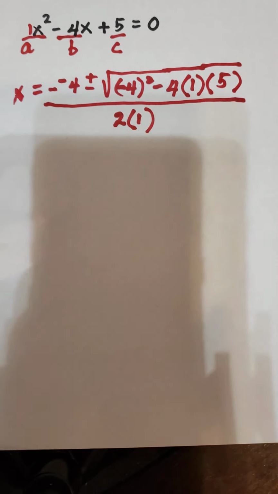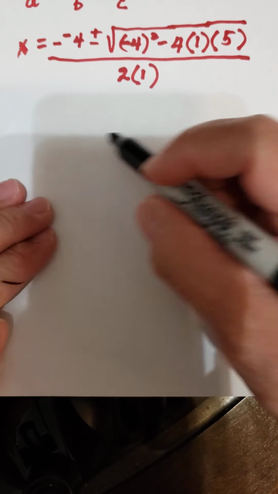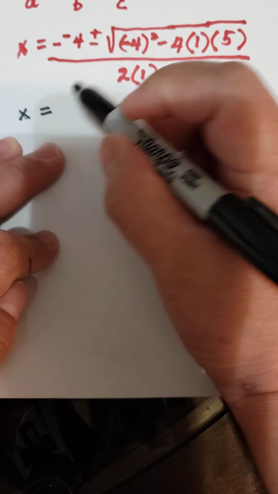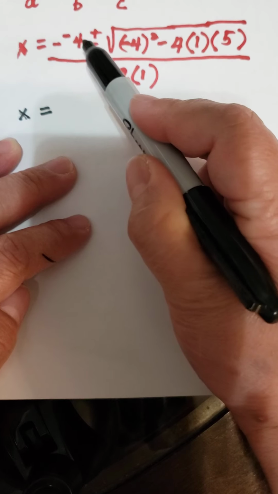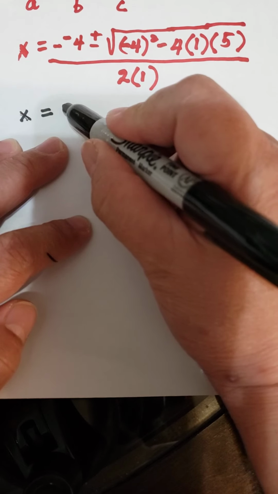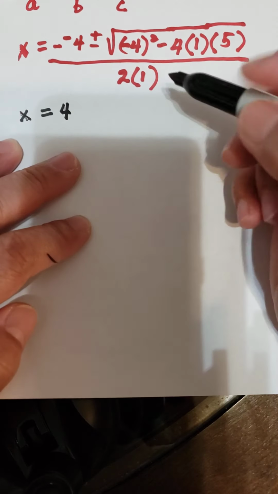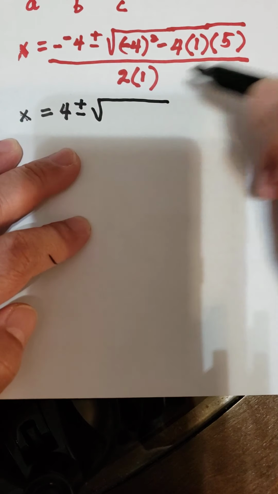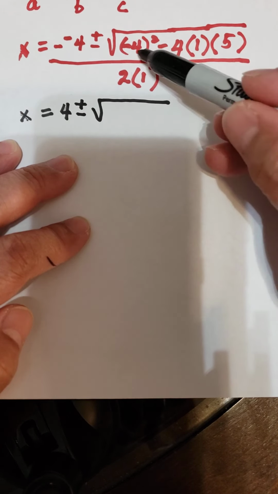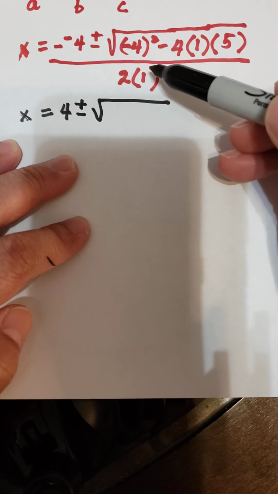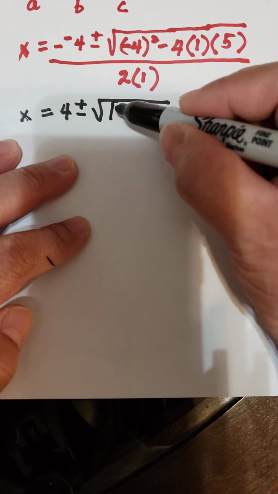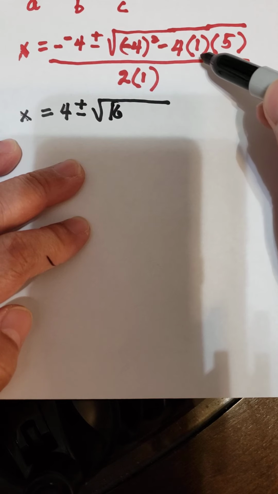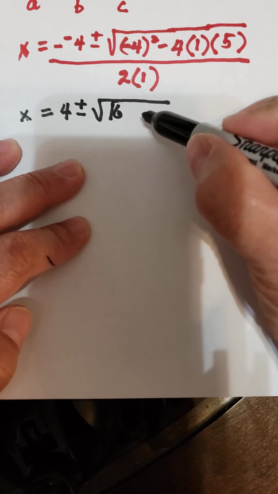So one at a time. Let's start with x equals, now be careful, negative negative 4, double negative, that makes it positive 4, plus and minus square root of negative 4 to the second, that's negative 4 times negative 4, that gives you positive 16, minus 4 times 1 is 4, times 5 is 20.